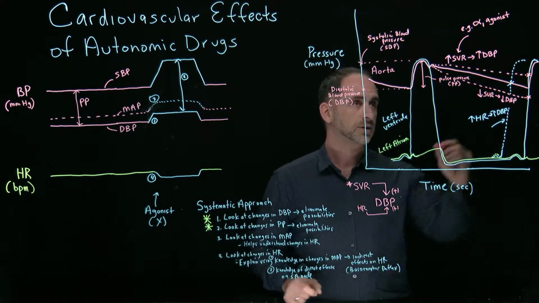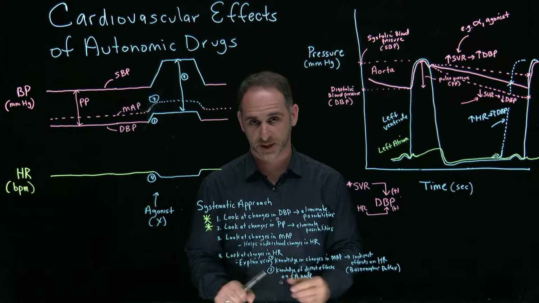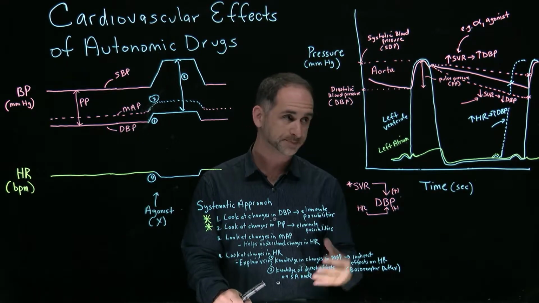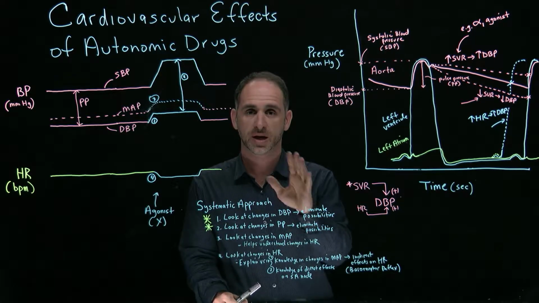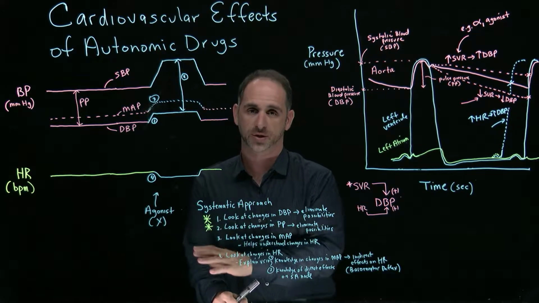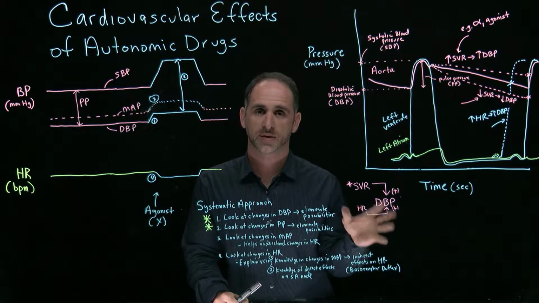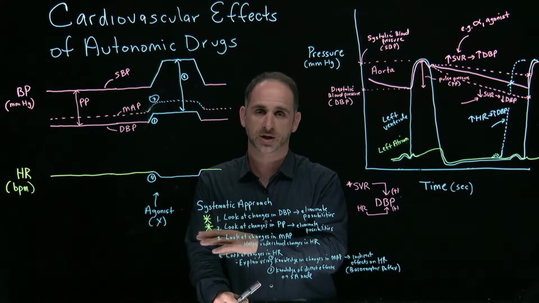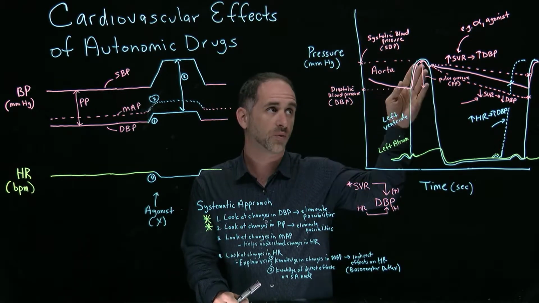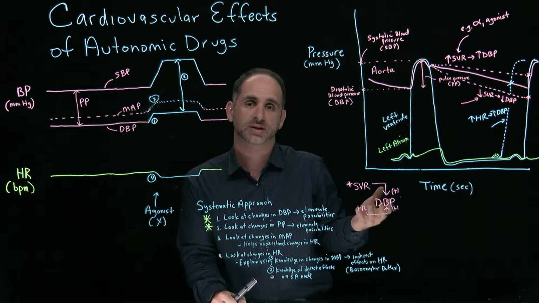What about examples that could cause a decrease in systemic vascular resistance? Well, staying with the adrenergic receptors, there are also beta-2 adrenergic receptors that are on vascular smooth muscle too. They're coupled to a different G protein signal transduction pathway. So the alpha-1s are coupled to Gq. That's why they increase calcium.